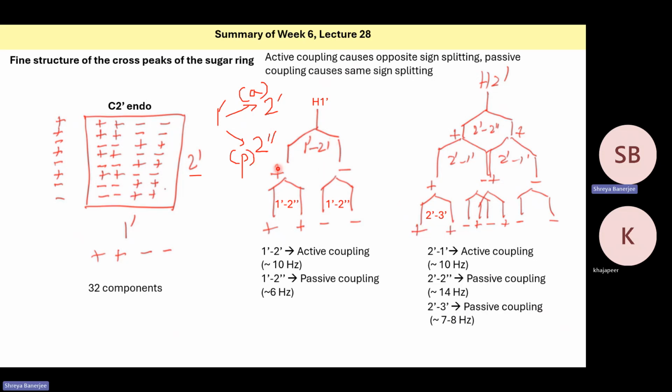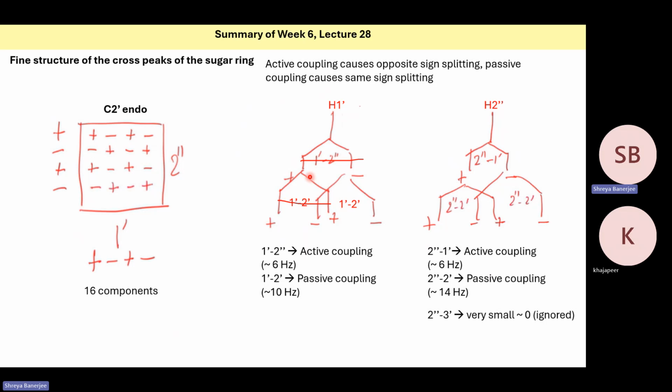The 1 prime 2 prime splitting is happening first and it is 10 Hertz. And because it is active, it is splitting into plus minus. Then you have 1 prime 2 double prime splitting, which is 6 Hertz. So the second splitting now is smaller. So there is no crossing of the lines. In the previous case, the second splitting was larger. So the two components were crossing each other.